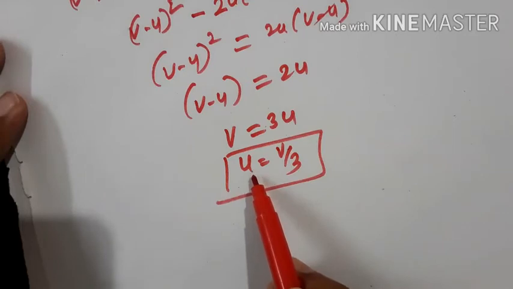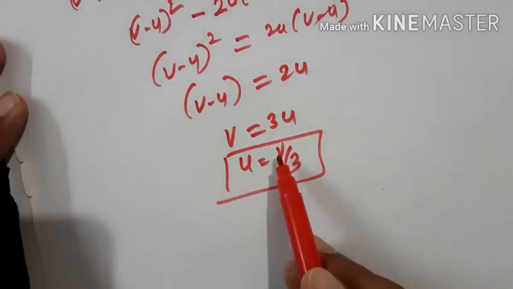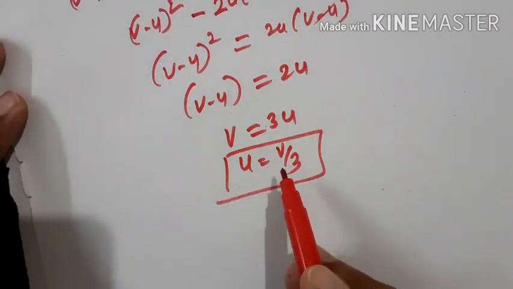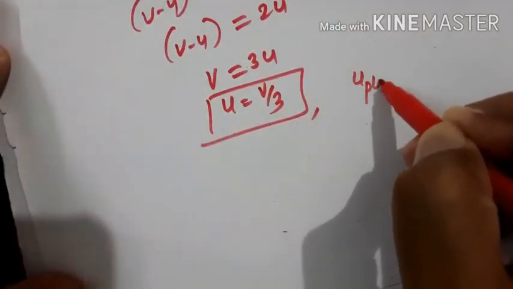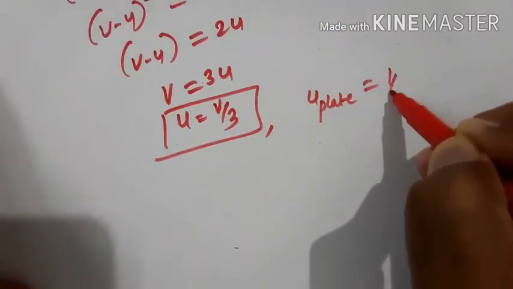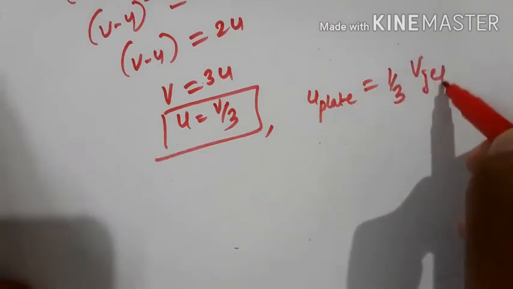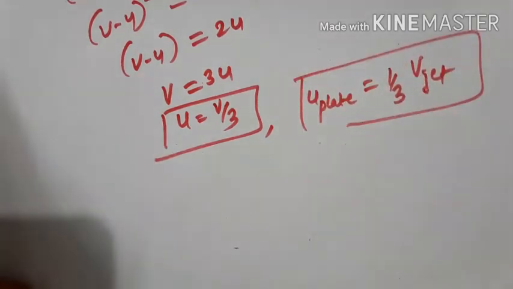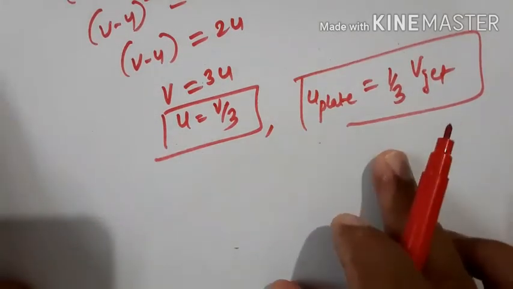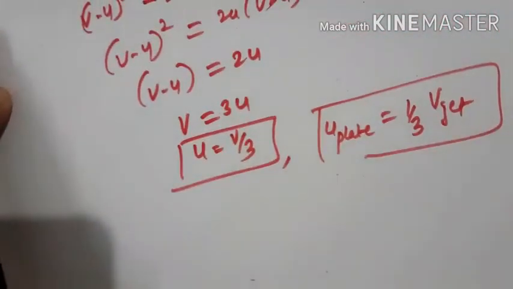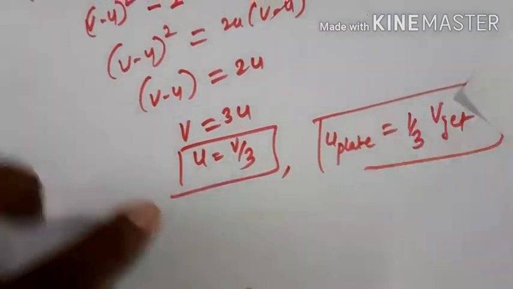When the velocity of the plate is equal to 1/3 of the velocity of the jet, then the maximum efficiency can be achieved. So substitute this u, that is u equal to v by 3, in this equation.